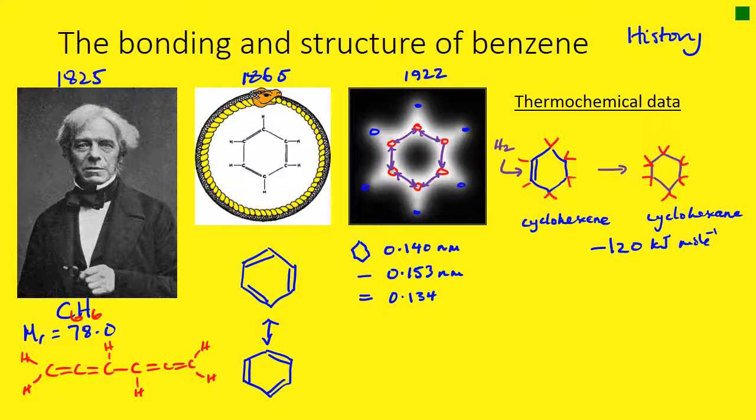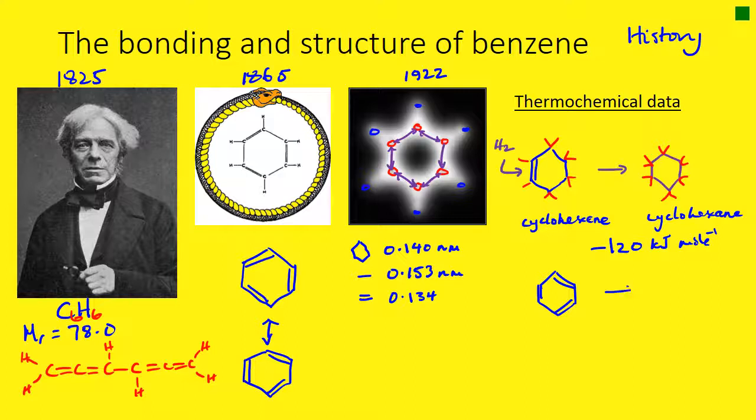So then they got to thinking, what if we imagined this structure from 1865, the one with 3 double bonds? We could call that 1,3,5-cyclohexatriene. So let's draw it out with 3 double bonds.